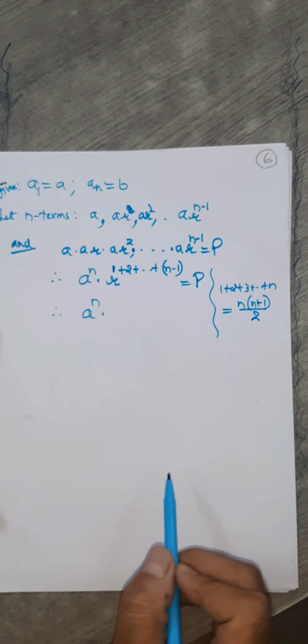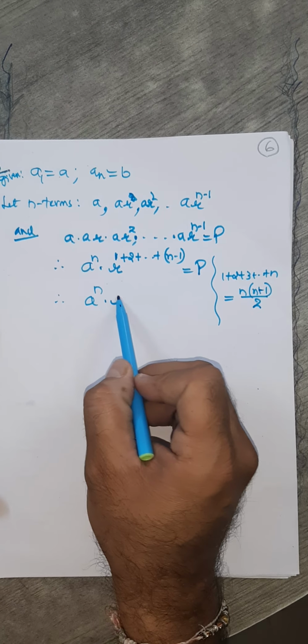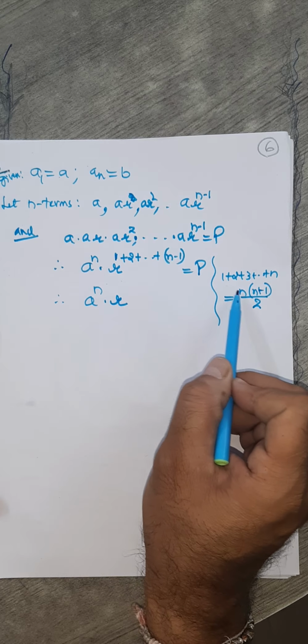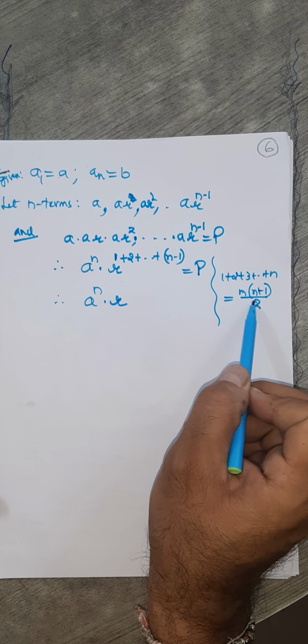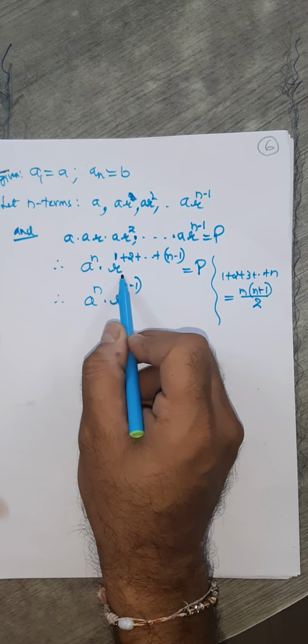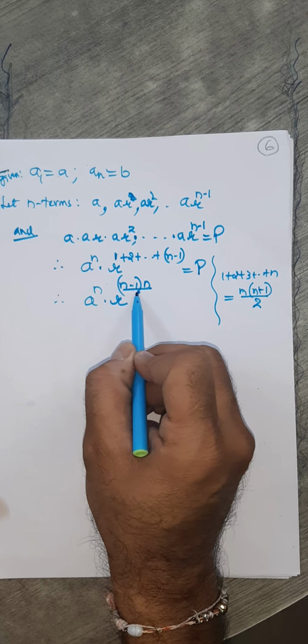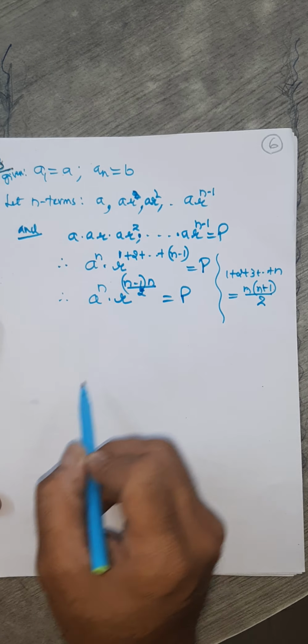Here this is a sum of how many terms? N minus 1 terms. So just replace n by n minus 1. So n into n minus 1 plus 1, that is n, by 2, equals P.